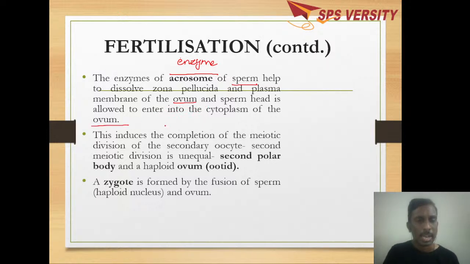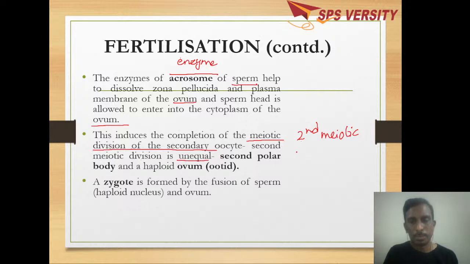As and when it enters into the ovum, it leads to the meiotic division. That is, the second meiotic division in oogenesis takes place only when the sperm comes in contact with the ovum. This is an unequal meiotic division.